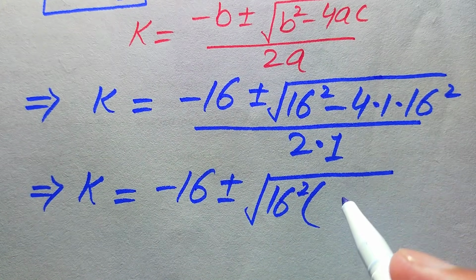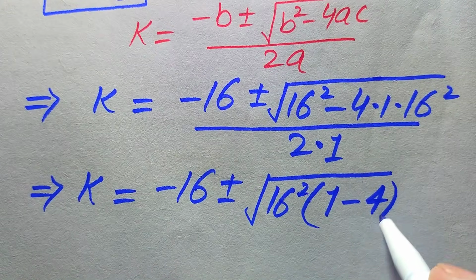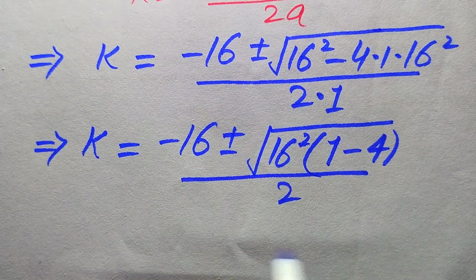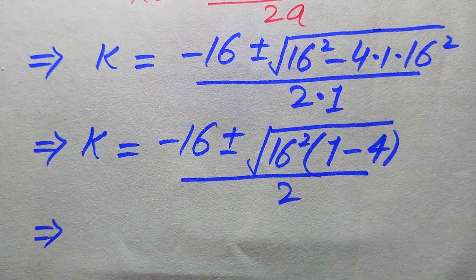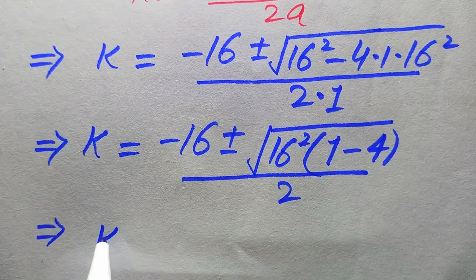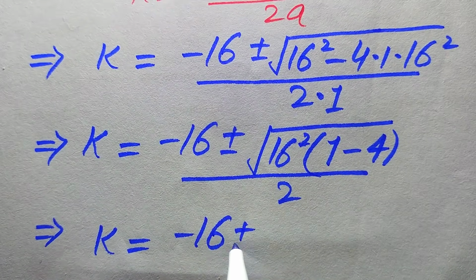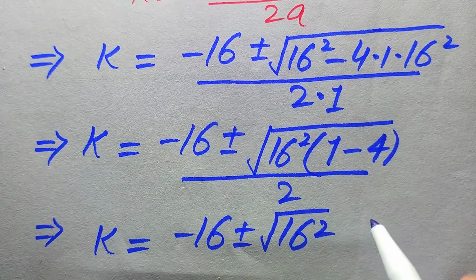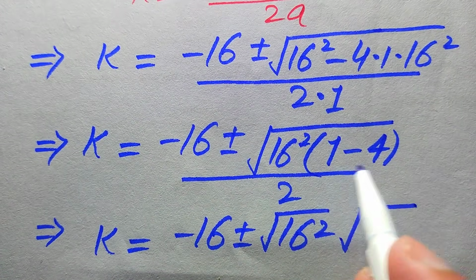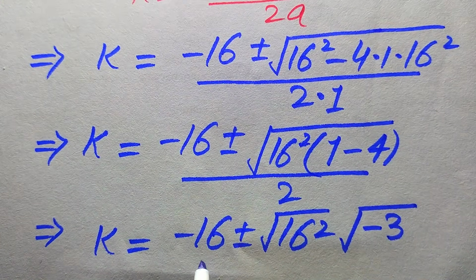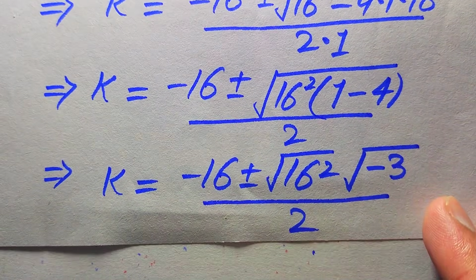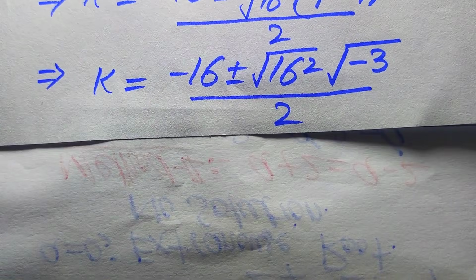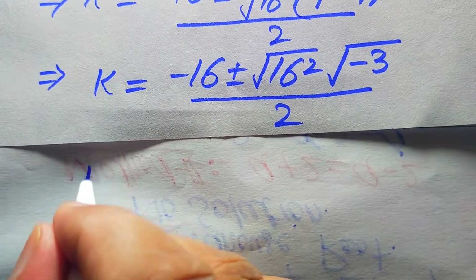So we take common 16 squared from here, and the remaining values are 1 minus 4, divided by 2 times 1 equals 2. Further, we apply the square root separately on both values, and we get square root of 16 squared into (1 minus 4), and 1 minus 4 becomes minus 3, divided by 2.